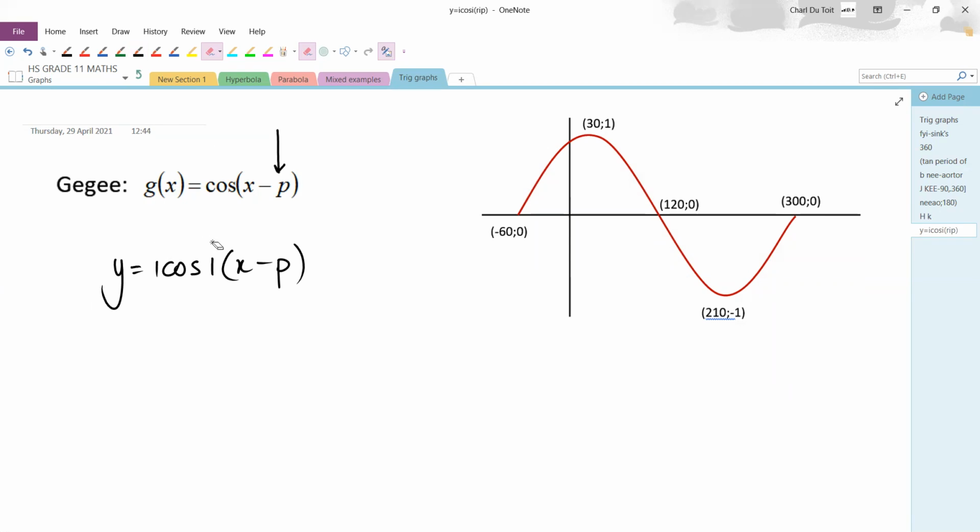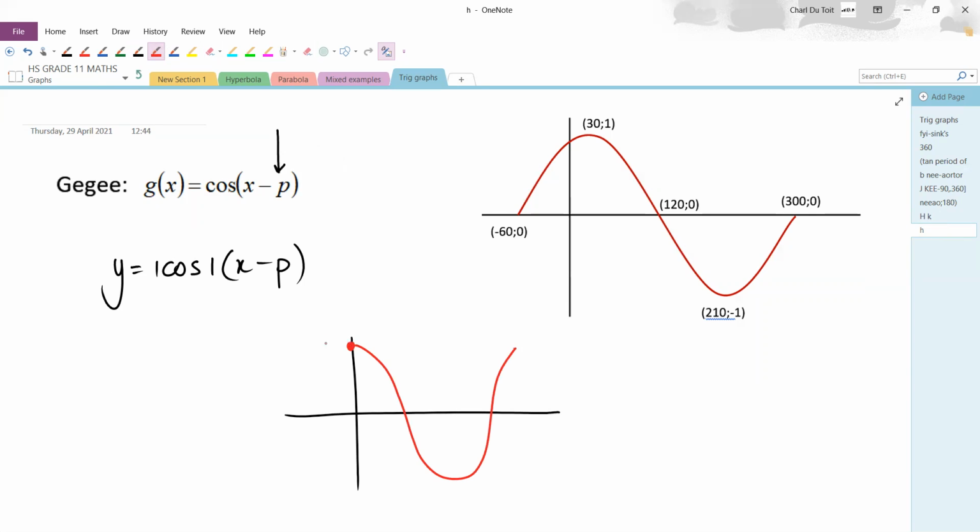No, it moved to the left, sir. Really? I don't know. I'm not that fast. I'm going to draw the normal cos graph here. Make that coordinate there 0 and 1. And this coordinate here is 90.